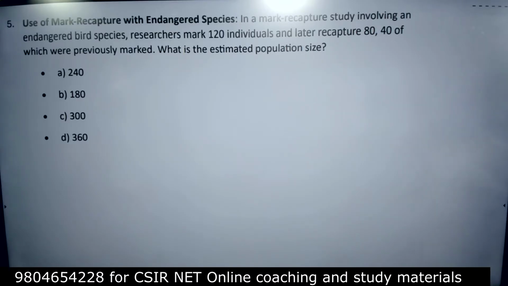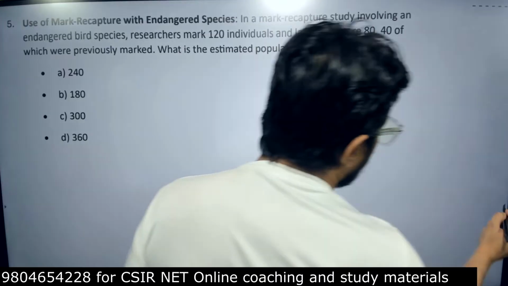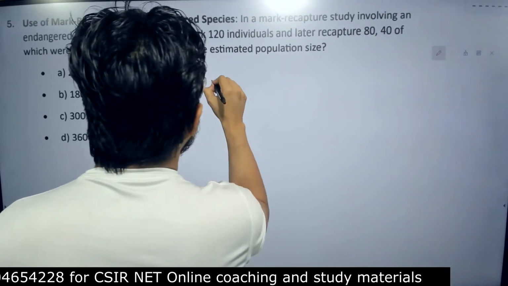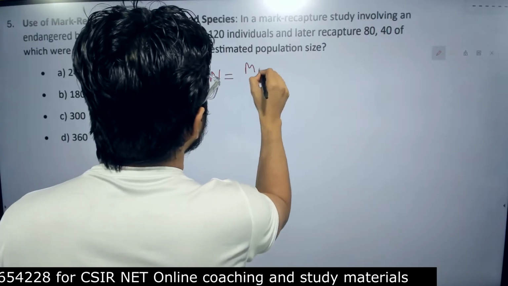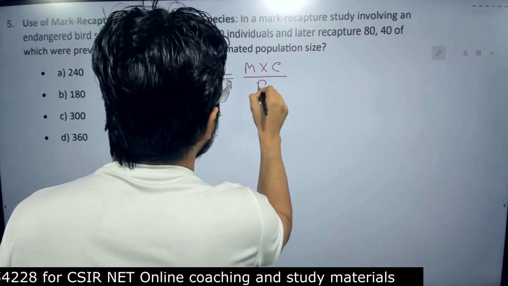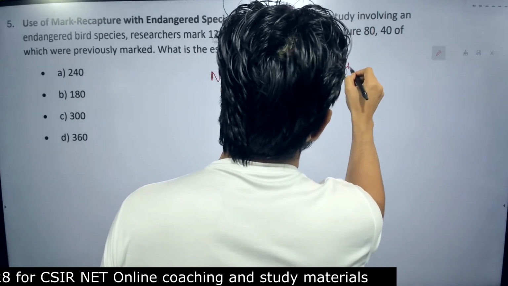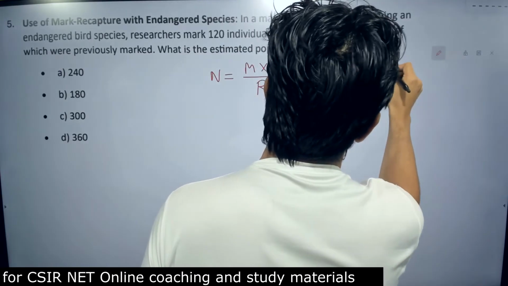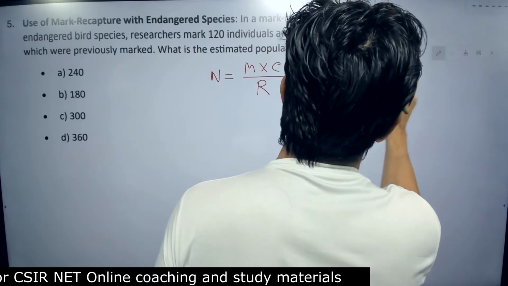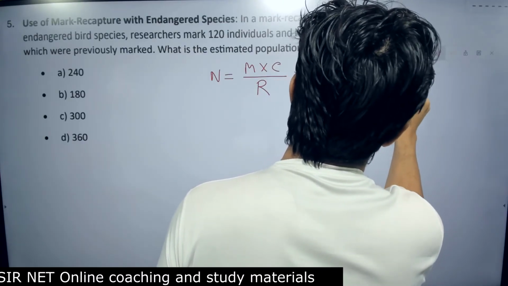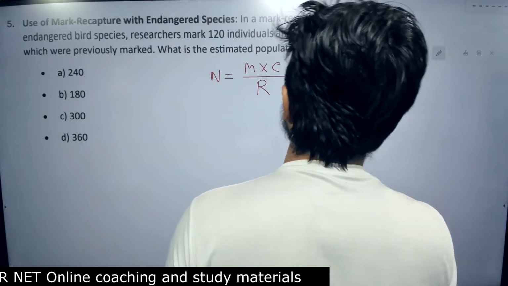Okay, so here it is said that the easy formula is N equals M into C divided by R. Lincoln Peterson estimation. This estimation is provided by Lincoln and Peterson, that's why the name is Lincoln Peterson estimation.